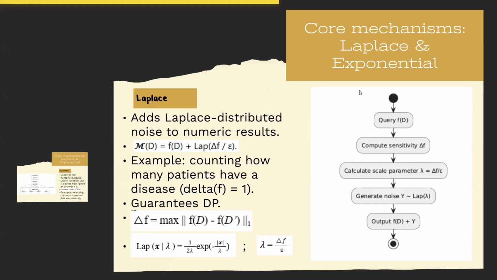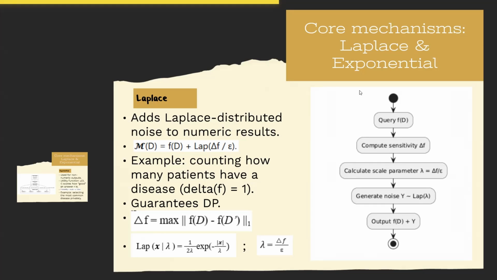Formally, we define the mechanism as this formula, which shows M of D equal to f of D plus Lap of delta f divided by epsilon, where each Y_i is a random variable drawn from the Laplace distribution with scale delta f divided by epsilon. This means that the amount of noise added is directly proportional to the function's sensitivity and inversely proportional to epsilon, the privacy parameter. Smaller epsilon means stronger privacy, which means more noise, and larger epsilon means weaker privacy, which means less noise.